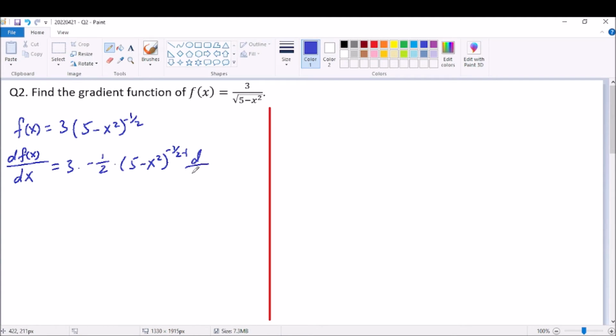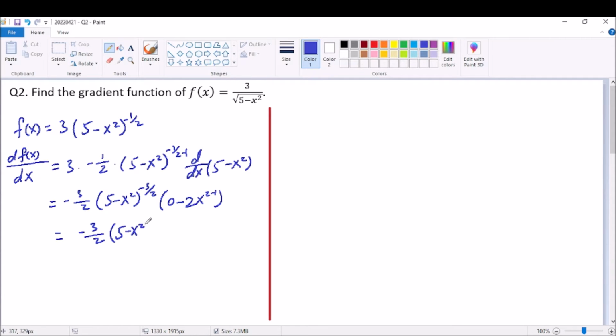And now differentiate the inner expression 5 minus x squared. So we have minus 3 over 2, (5 minus x squared) to the power minus 3 over 2, and differentiate 5 is 0, x squared is 2x, so we have minus 2x.